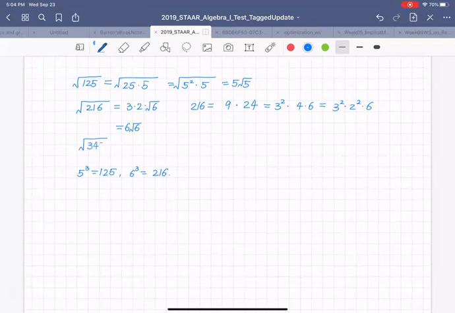Don't use a calculator, just use your brain. Square root of 343.